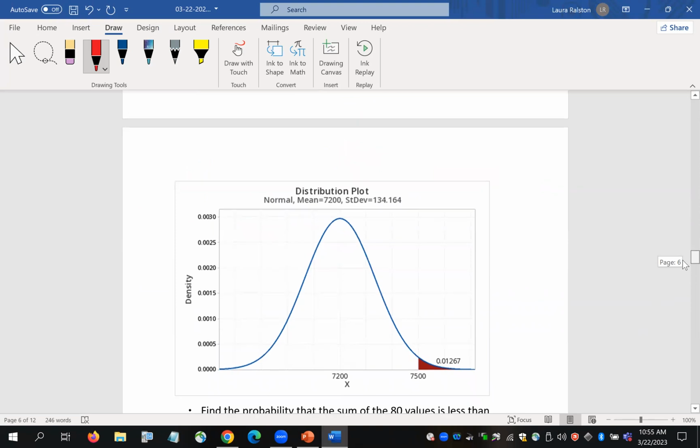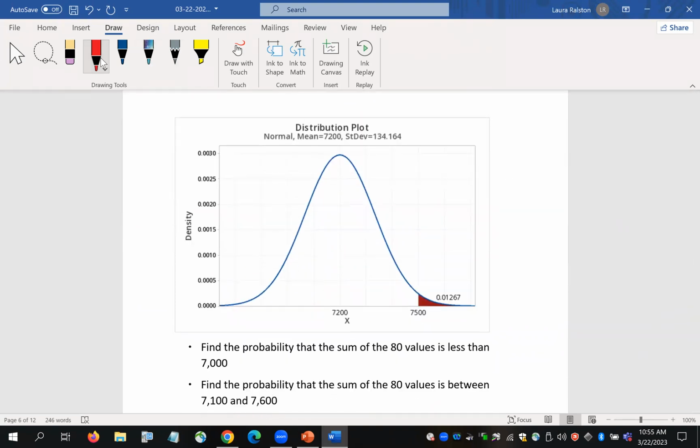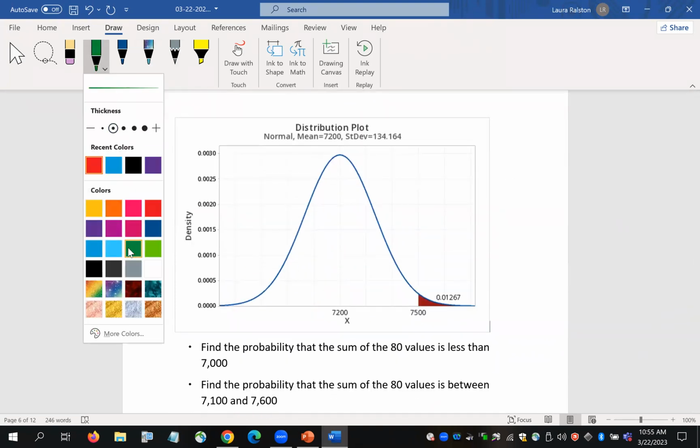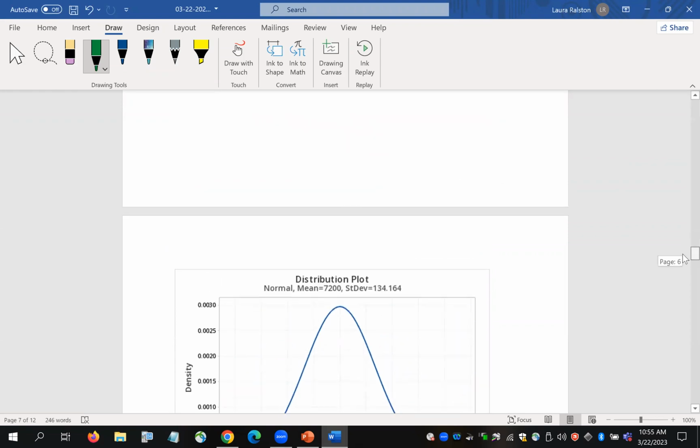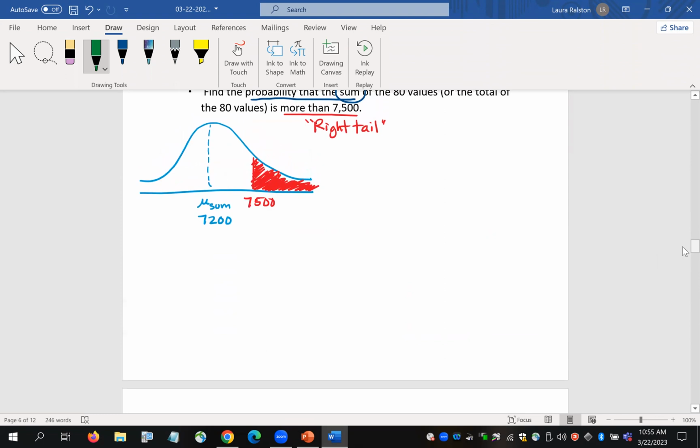Okay, again, what you're looking for here is this value that's kind of hanging out above the red. So it's 0.01267. So this red shaded region is 0.01267.